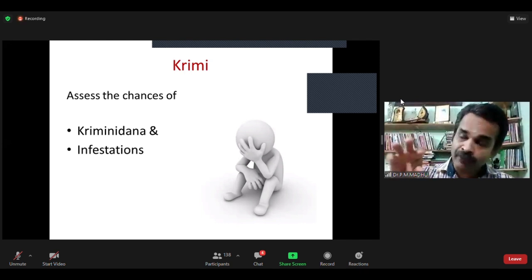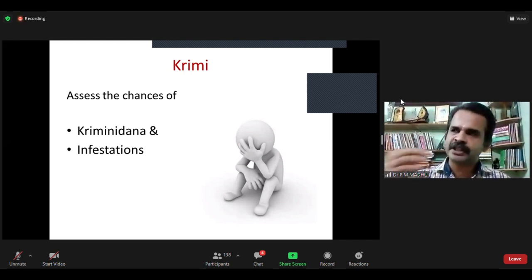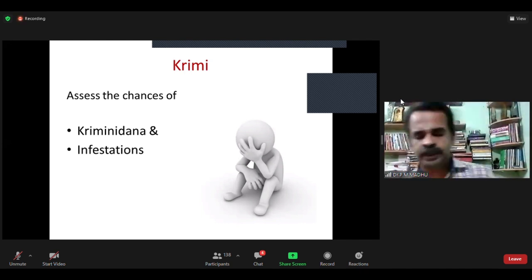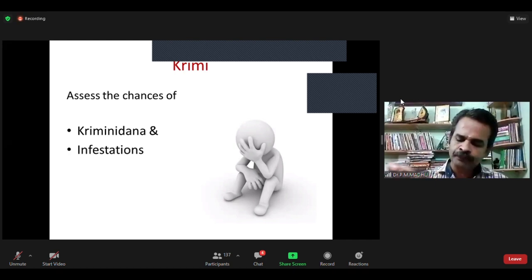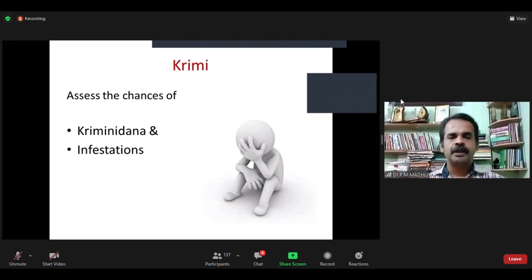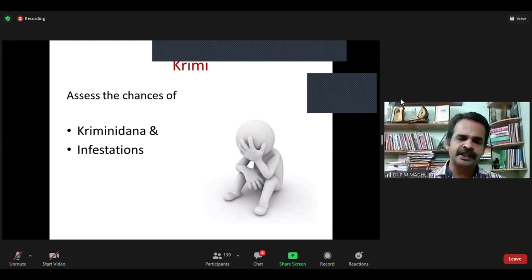So while we are describing the basic principles of treatment, then we can see: evam anyanapi roga doshan chikitsayet, nidana parivarjana chikitsa.